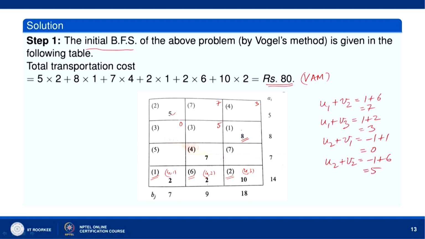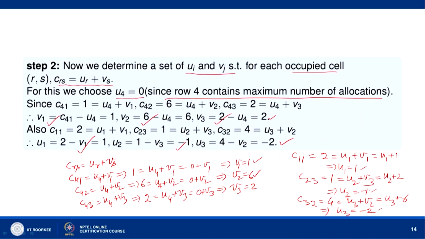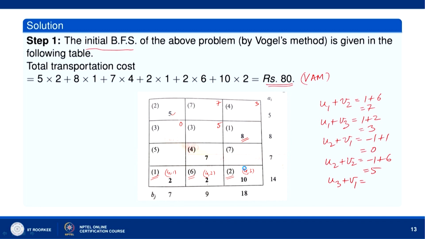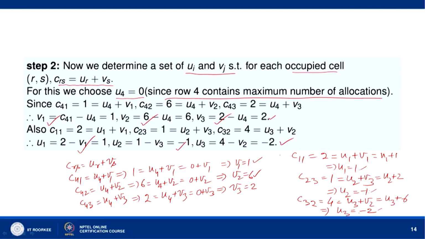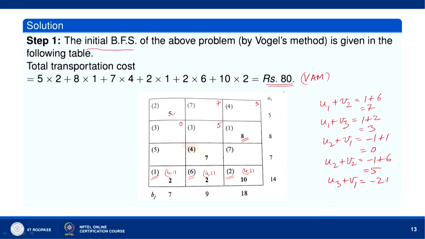Now, this is an occupied cell, we go to the next unoccupied cell. So u3 plus b1. What is u3? u3 equal to minus 2 and b1 equal to 1. So minus 2 plus 1 is equal to minus 1. So we will get minus 1 here, and then this is an occupied cell.